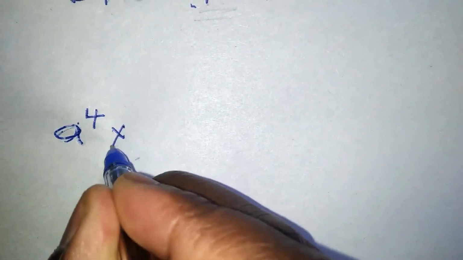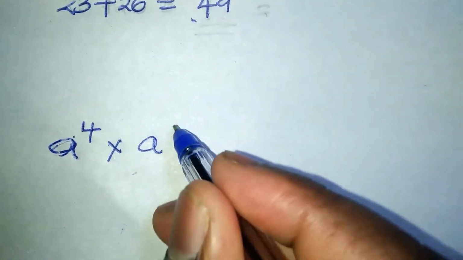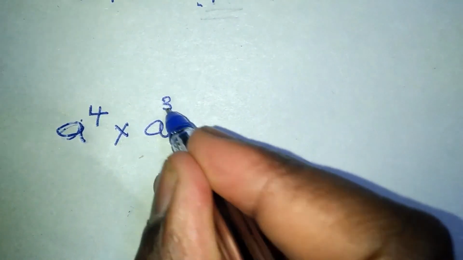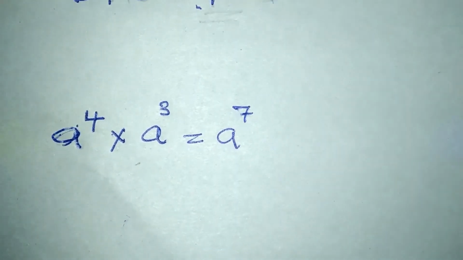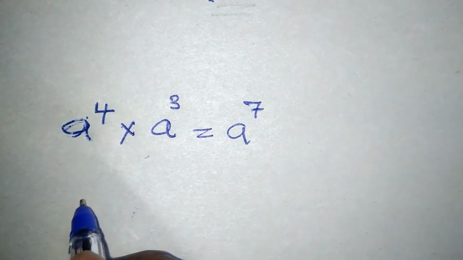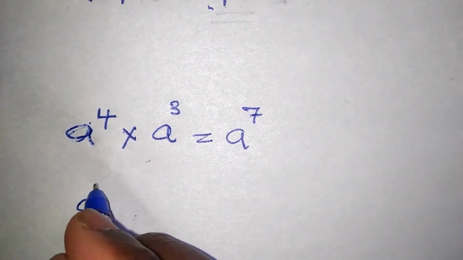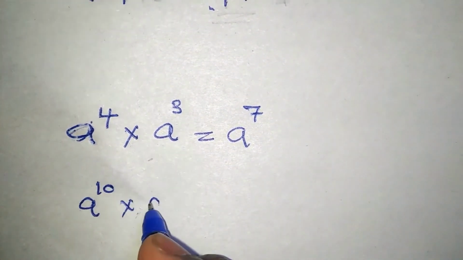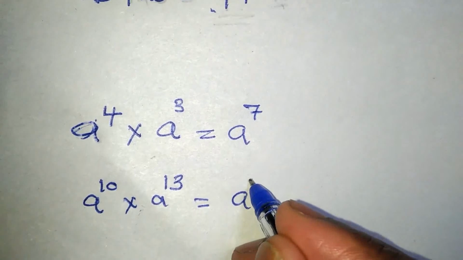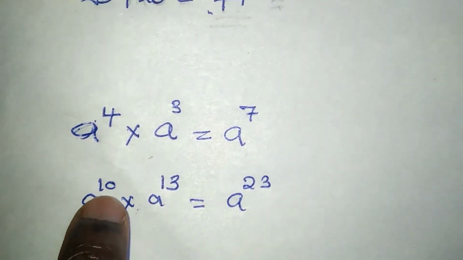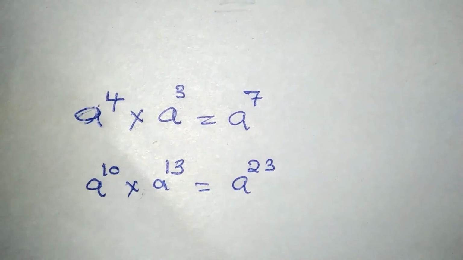Another example, a to power 4 times a to power 3 is equal to a to power 7. A to power 10 times a to power 13 is equal to a to power 23. We simply add 10 plus 13 to get 23.